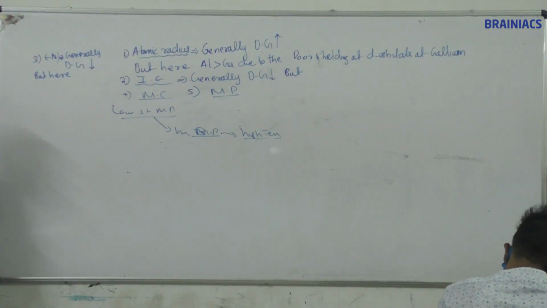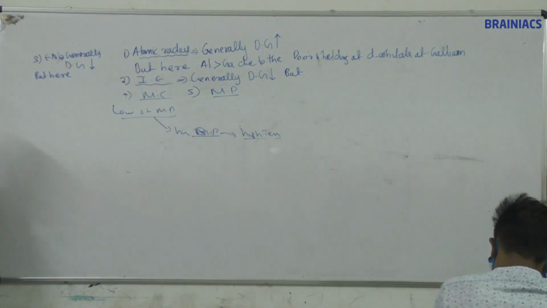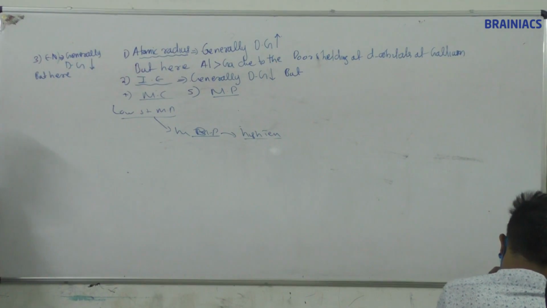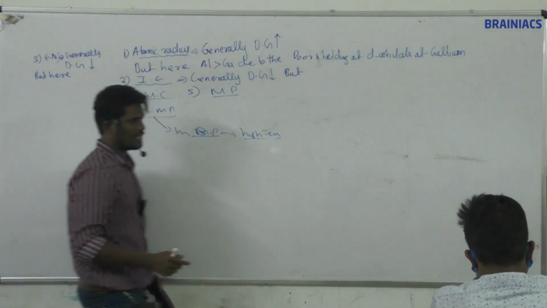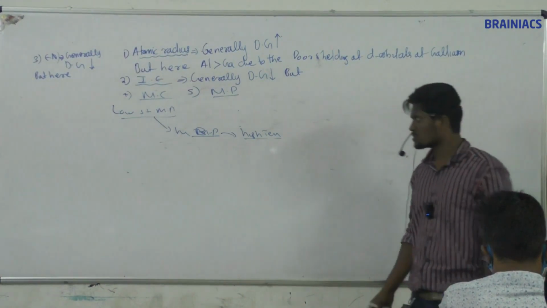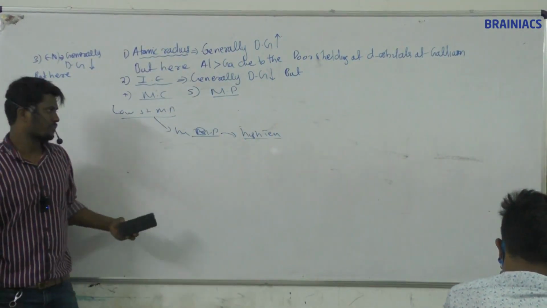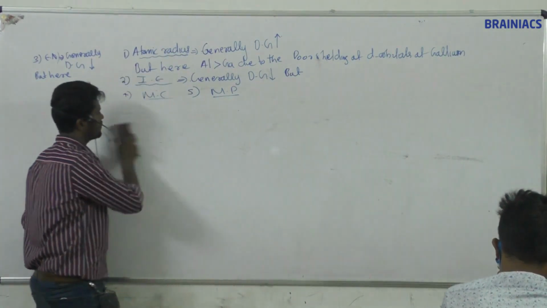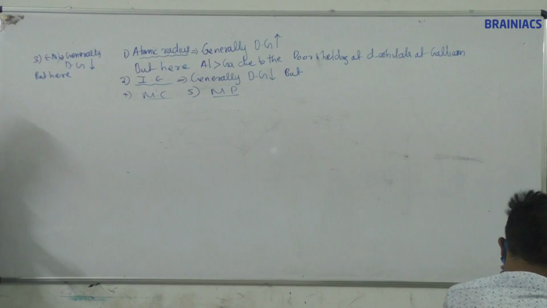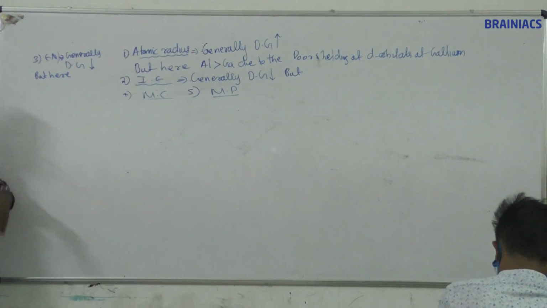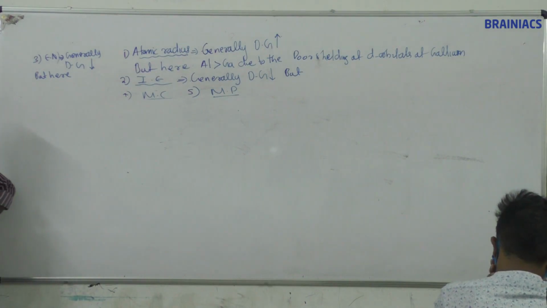Gallium has a high boiling point, so it is used to measure high temperature in a high temperature thermometer, even though it has a low melting point.